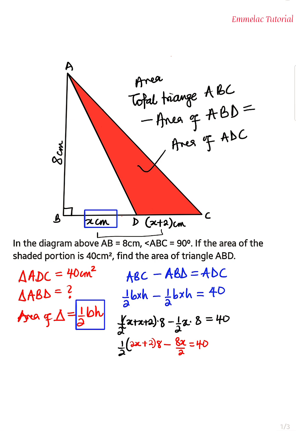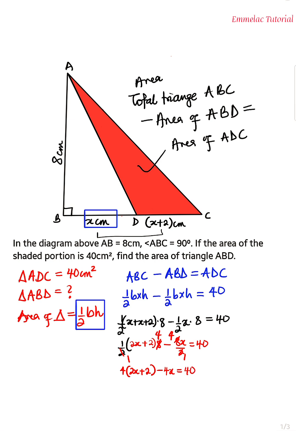Proceeding further, 2 here, 1, 2 here is 4, then 2 here, 1, 2 here is 4. So we end up having 4 into 2x plus 2, minus 4x equals 40.